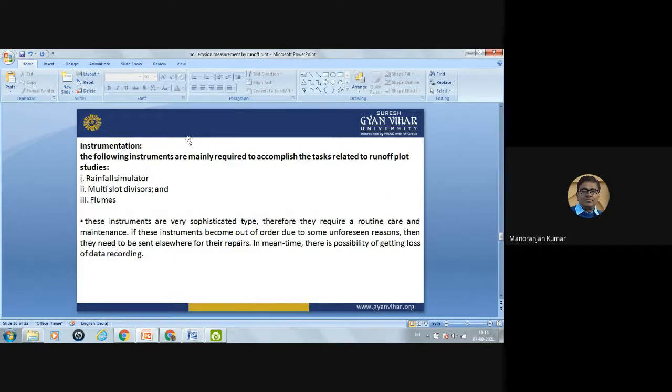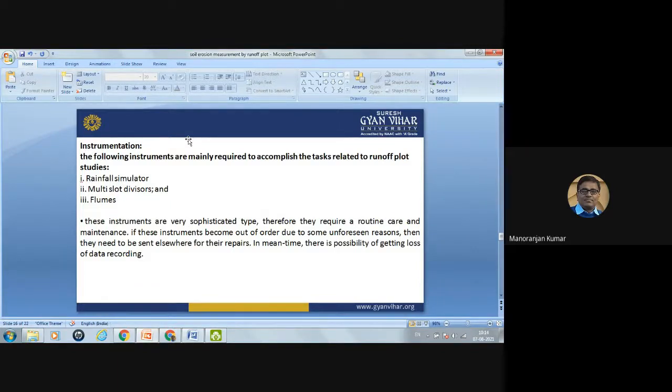Now some instrumentation, some devices which are required to accomplish the task related to runoff plot studies. Why are we using the runoff plot? To measure the soil loss. Soil loss happens when there is rainfall. So how can you create rainfall artificially?